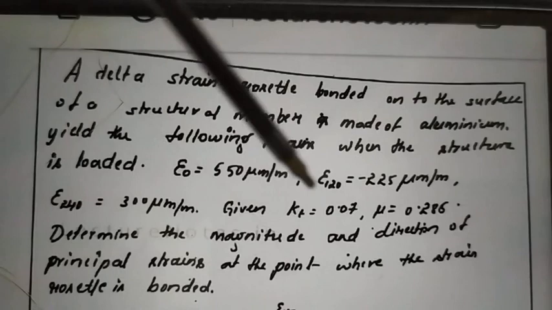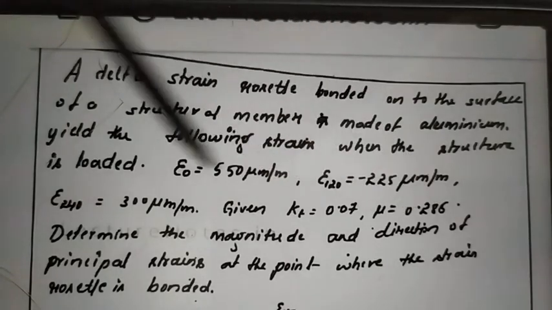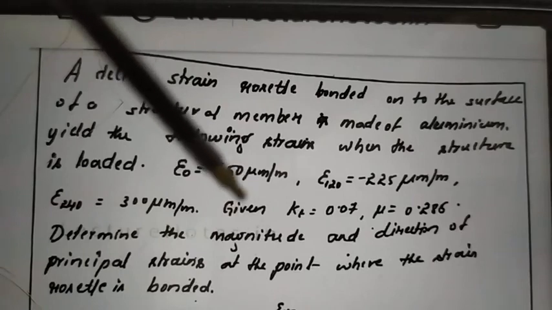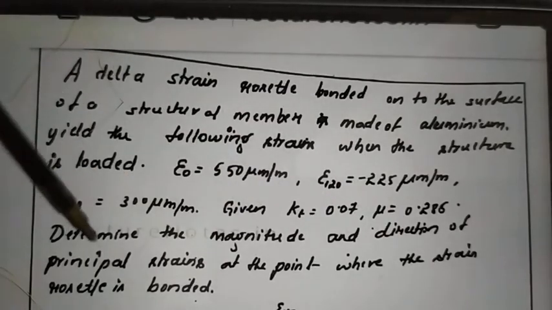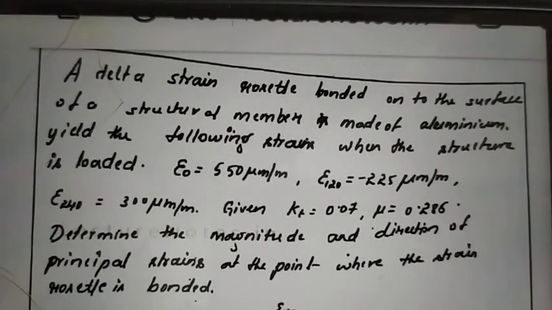KT is given, which is the transverse sensitivity factor, and the nu value is given. So you have to determine the magnitude and directions of the principal strains at the point where the strain rosette is bonded.